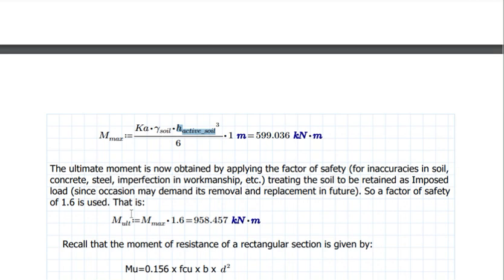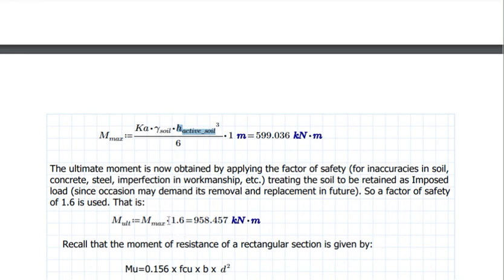Then, as retaining material, we can take it out, it can be replaced with another material, or even left open, like unloaded. That's why it is classified as live load.